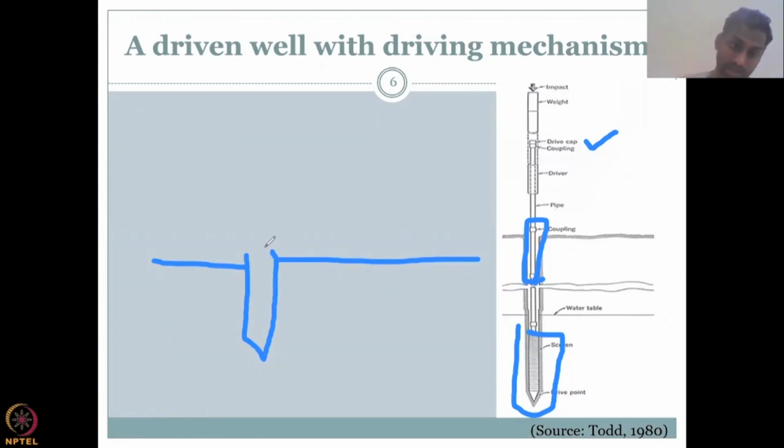Now I connect another elongated tube, and then I hit again. Once this goes in, I add another one, until your depth is reached.